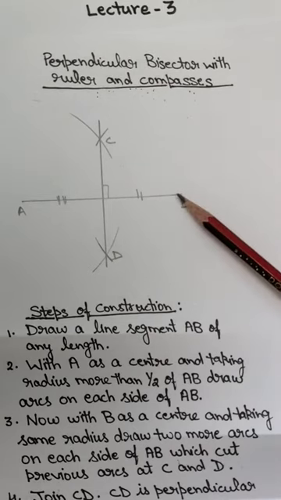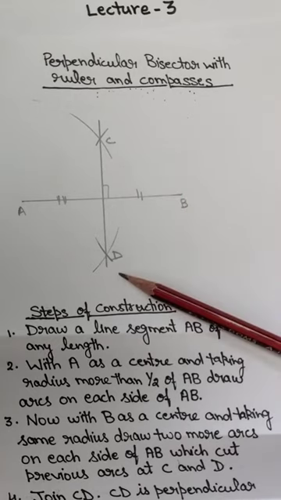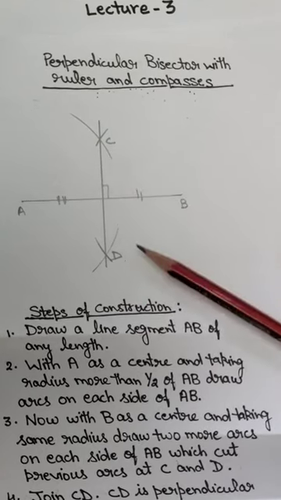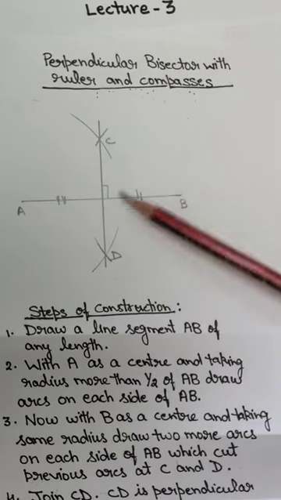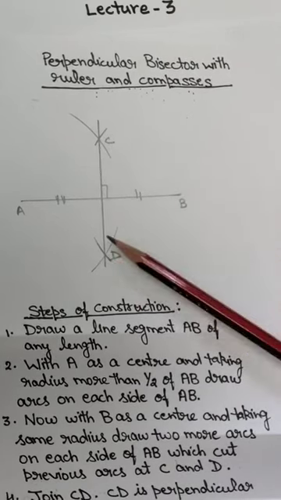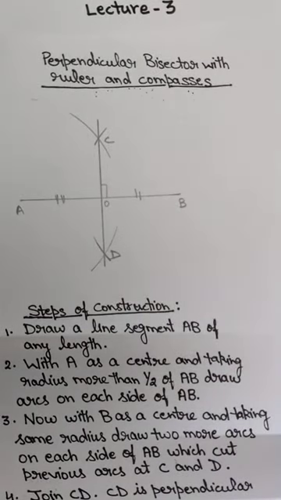Then with B as a center and taking the same radius, draw two more arcs on each side of AB which cut the previous arcs at points C and D. Join CD. CD is the perpendicular bisector of AB. If we give the name O here, then we can say that AO is equal to OB.